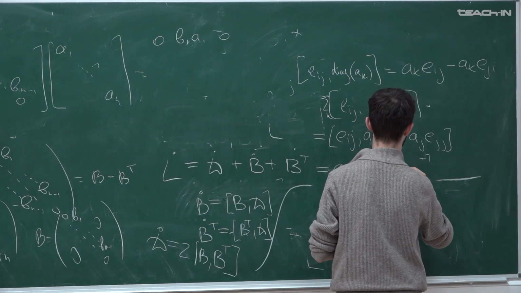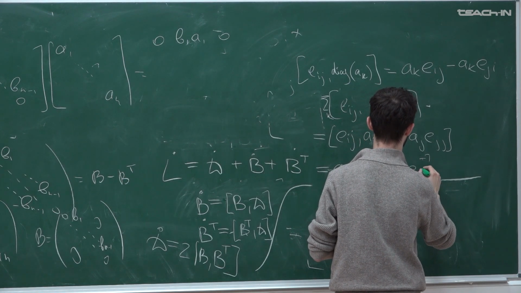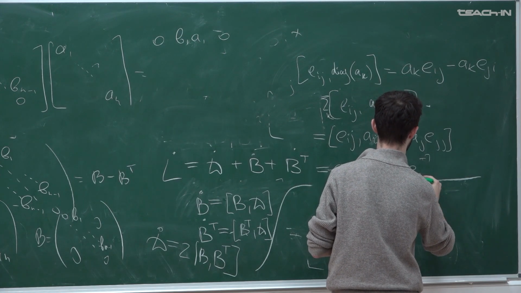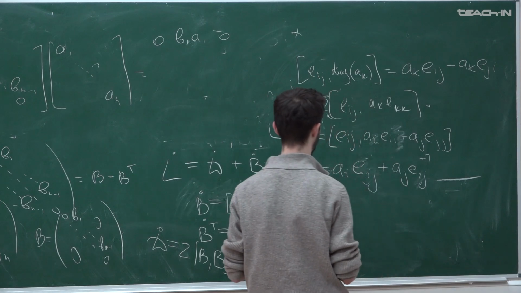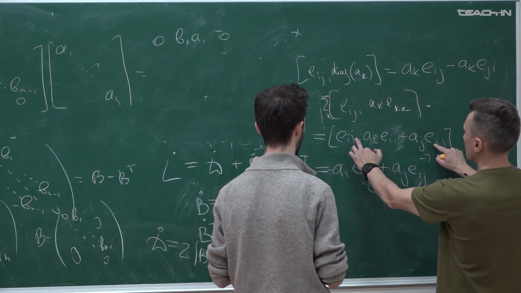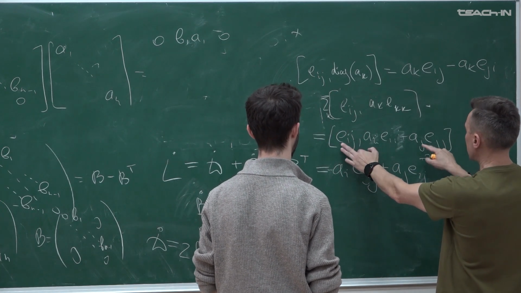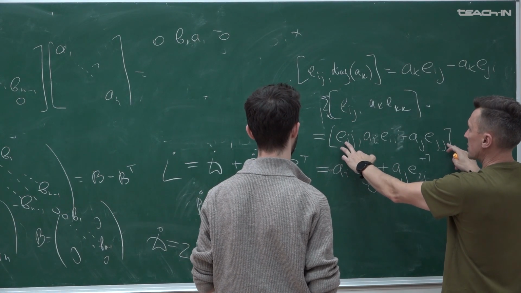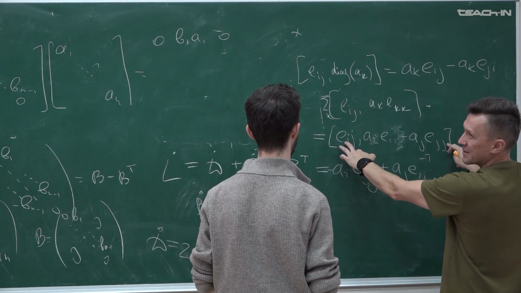And plus, because now it's a coincidence of such indices, and it is the term with plus, and we get e_ij here.